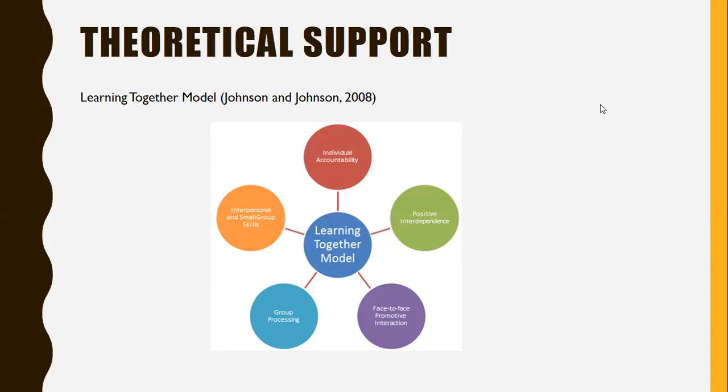Teacher, it sounds to me that a social issue has to be included in the classroom because of the interpersonal and small group skills that I can read as a feature, and group processing. I think that the social issue would be a big thing to this approach.